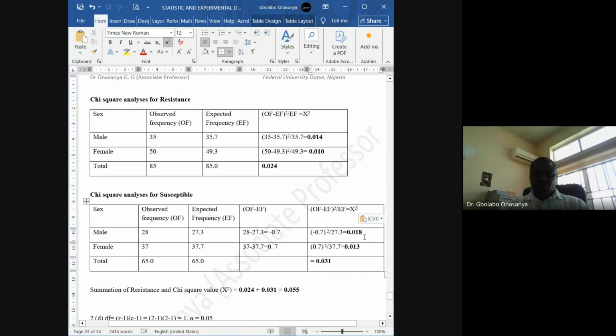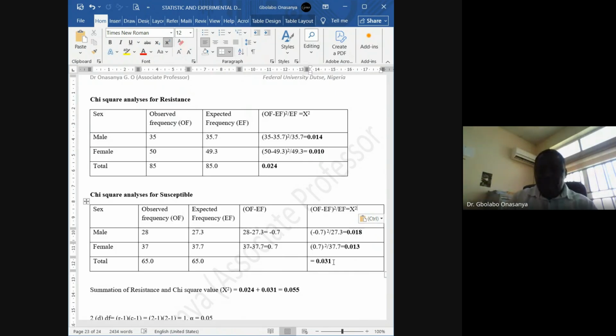Then we have 0.018. We do the same: 37 minus 37.7 raised to power 2 over 37.7. We get 0.013. So the chi-square value for susceptible is 0.031.